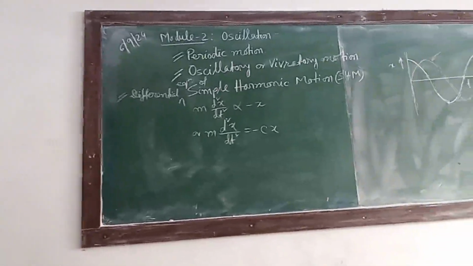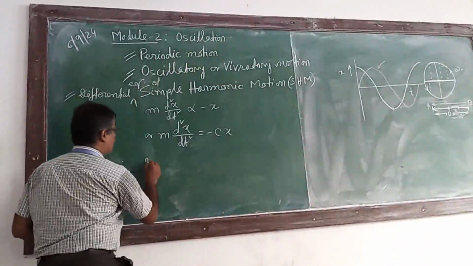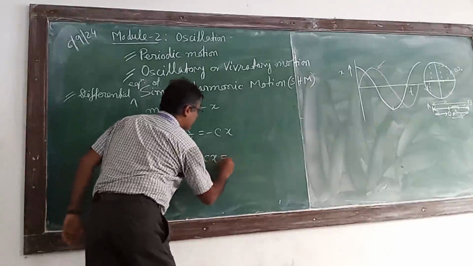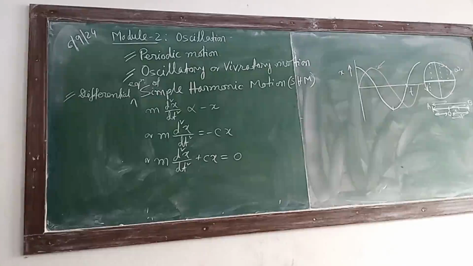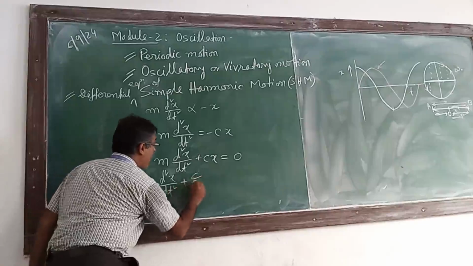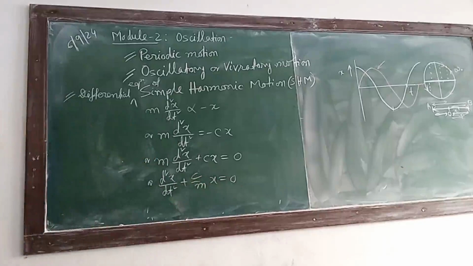Now, if we take the cx to the left hand side, m d2x/dt2 plus cx equals 0. Or d2x/dt2 plus c by m x equals 0. Follow? Any problem?